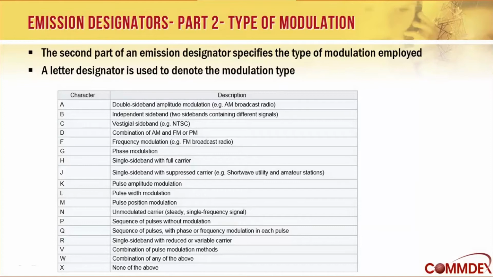And there are probably some that don't even fit these criteria, and we give them an X for none of the above. When this was created, they couldn't anticipate all the different types of modulation there are, but we saw in the previous section that the primary groupings that we're dealing with will be frequency modulation, phase modulation, and amplitude modulation.